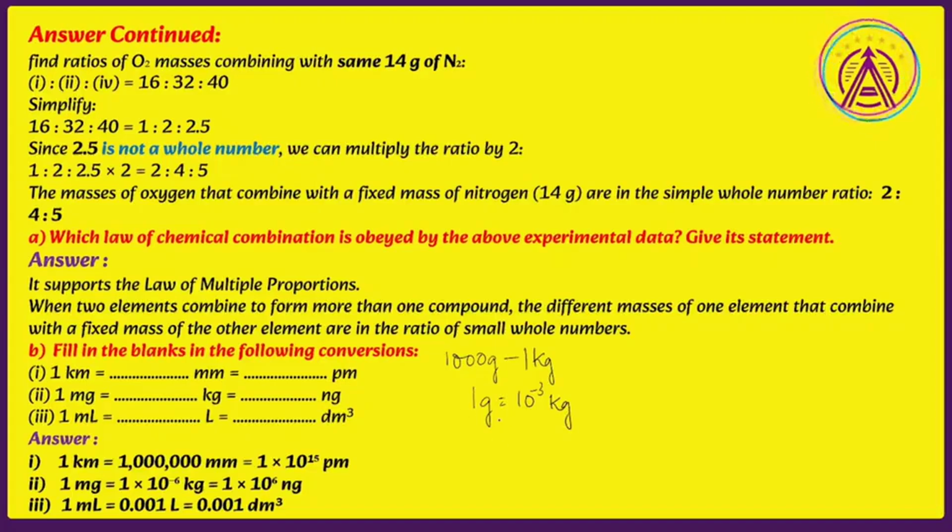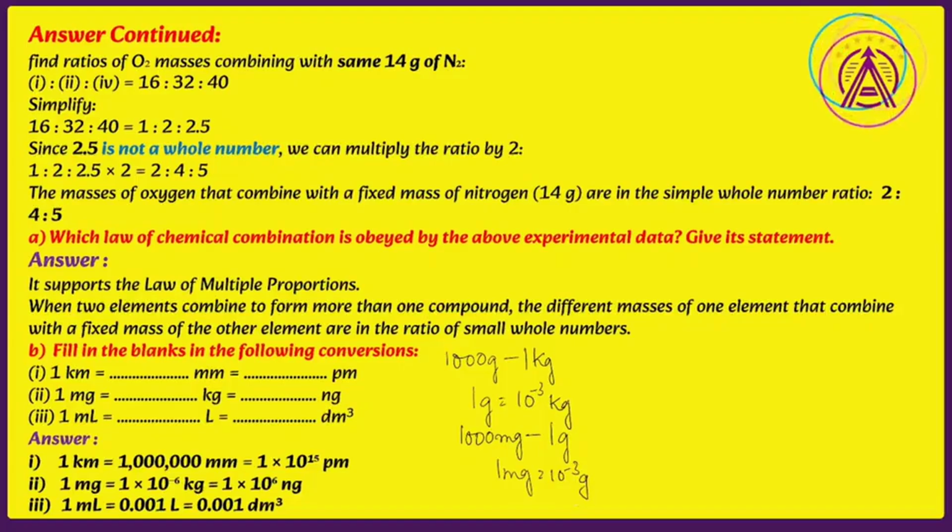Now, in the other way, we have milligram. So when it comes to milligram, we have 1000 mg is 1 gram, or in other words, 1 mg is 10 to the power minus 3 grams, correct?